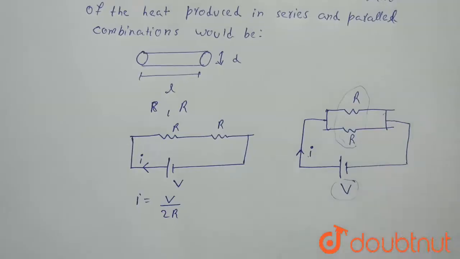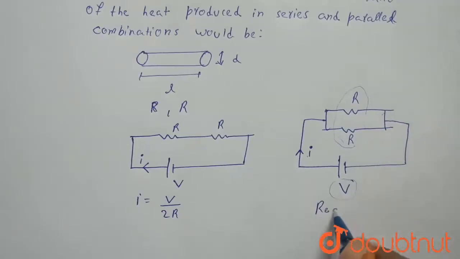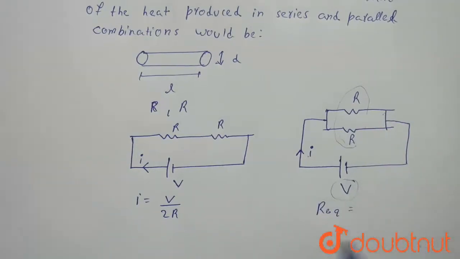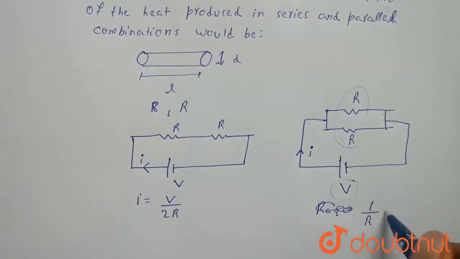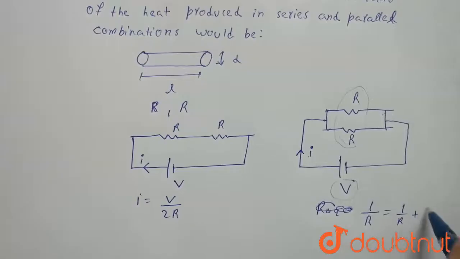So what will be R equivalent? 1 upon R equivalent is equals to 1 upon R plus 1 upon R. So R equivalent will be R upon 2.